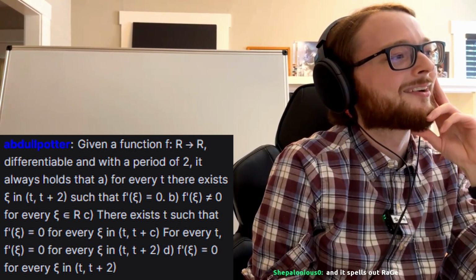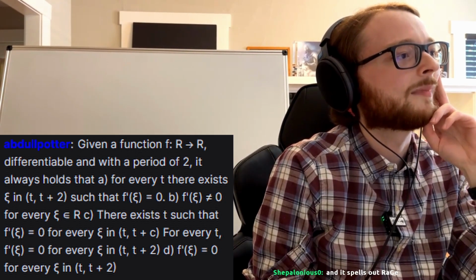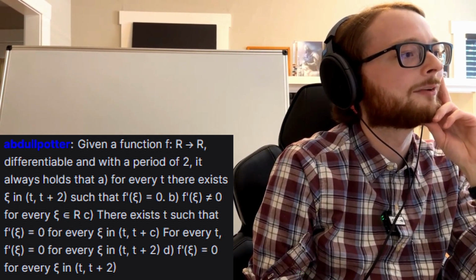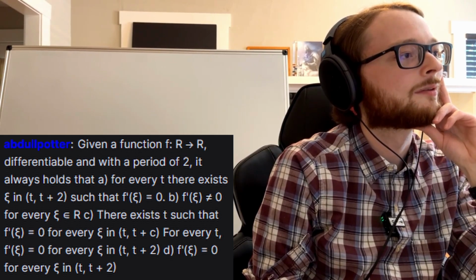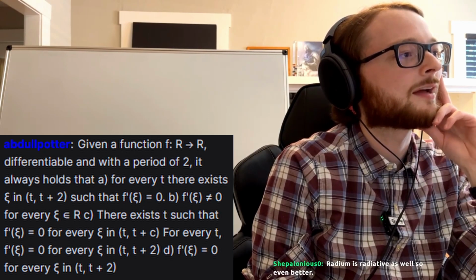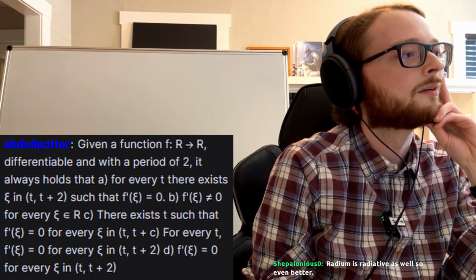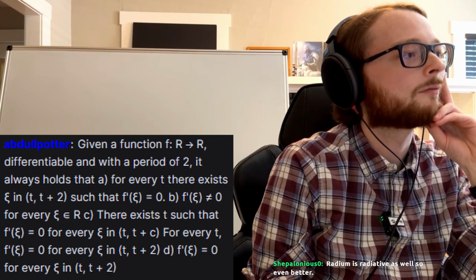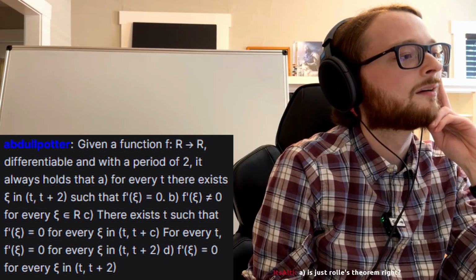Okay, so B: f prime of psi is not equal to 0 for every psi in the reals. C: there exists t such that f prime of psi equals 0 for every psi in t, comma t plus c, for every t. You know the translation?